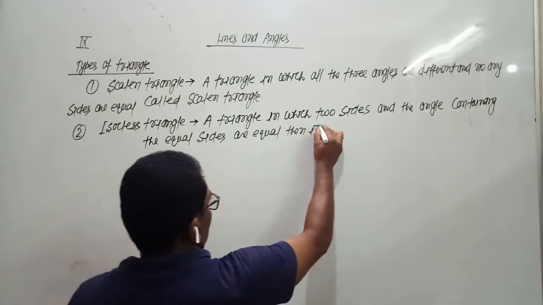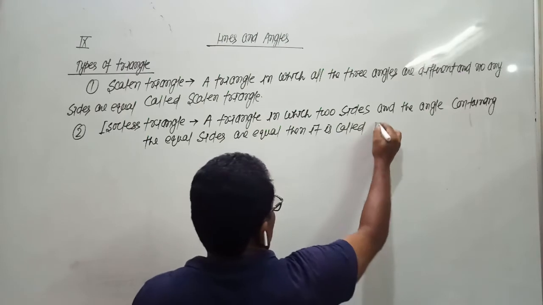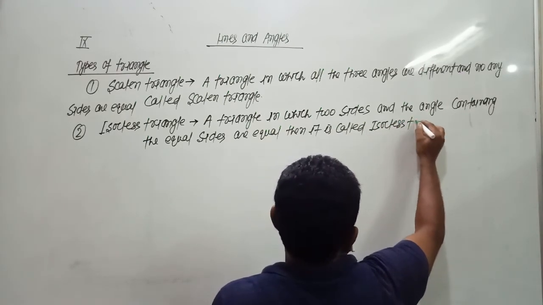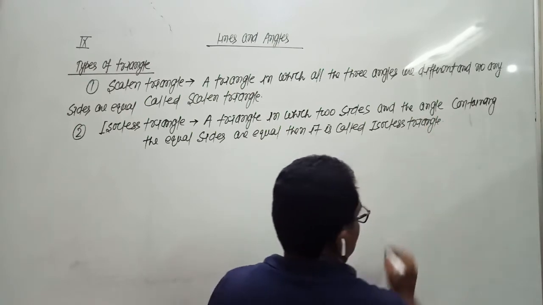Then it is called an isosceles triangle.